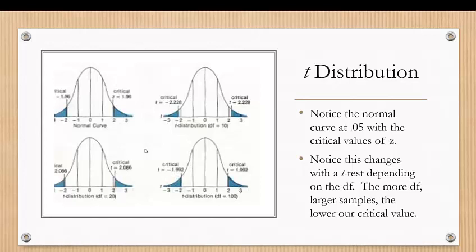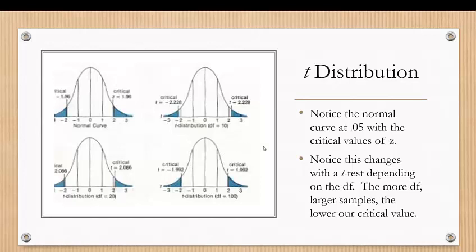And then if we lower it even more to 10, meaning we have a very small sample, our critical value of t is now increased up to 2.228. So you can see again, it just emphasizes what we've said all along. The greater our sample size, the easier it's going to be for us to make determinations of what we're doing.